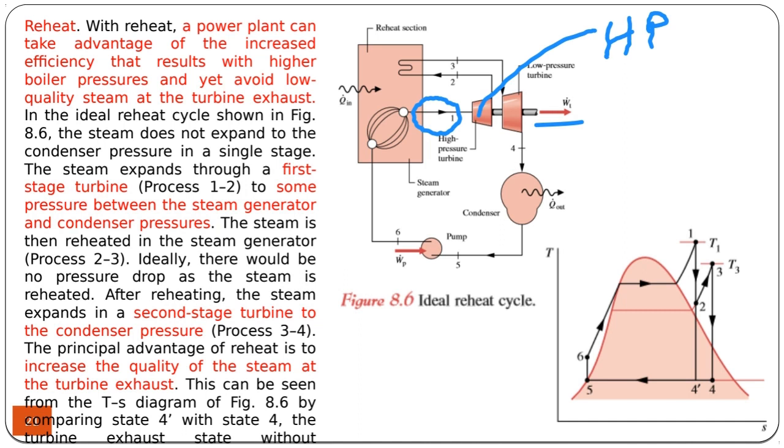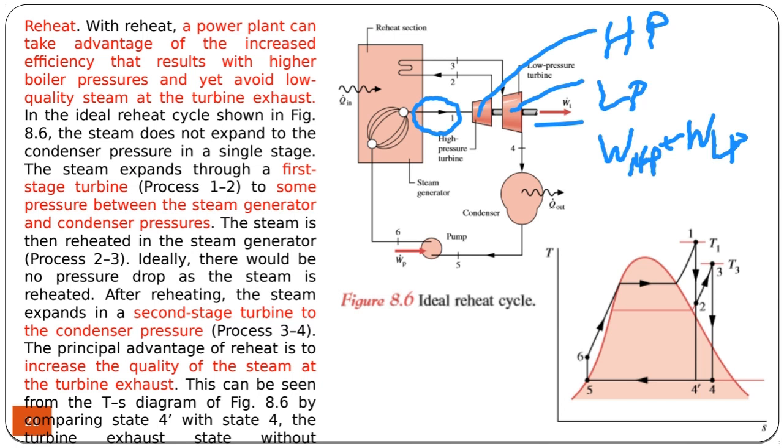The exit of the high pressure turbine goes back to the boiler again, and it's reheated. As it's reheated, it gets into the low pressure turbine. So we have two types of turbine work here. High pressure turbine plus low pressure turbine is the total turbine work. Then the rest is the same.